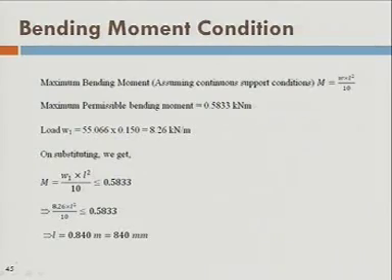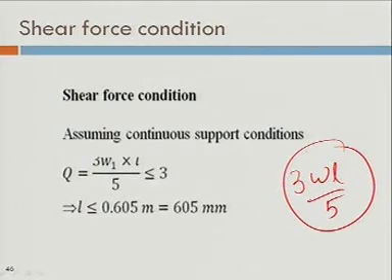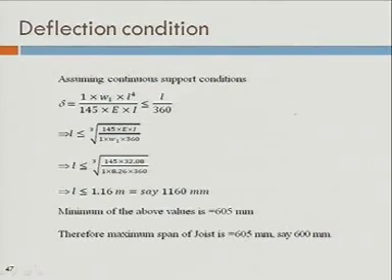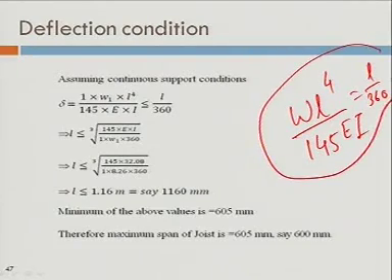Shear you can take it as 3WL upon 5. And deflection you can take it as WL raised to power 4 by 145 EI and equate it to L by 360. So, this will give you the value corresponding to deflection, L deflection.